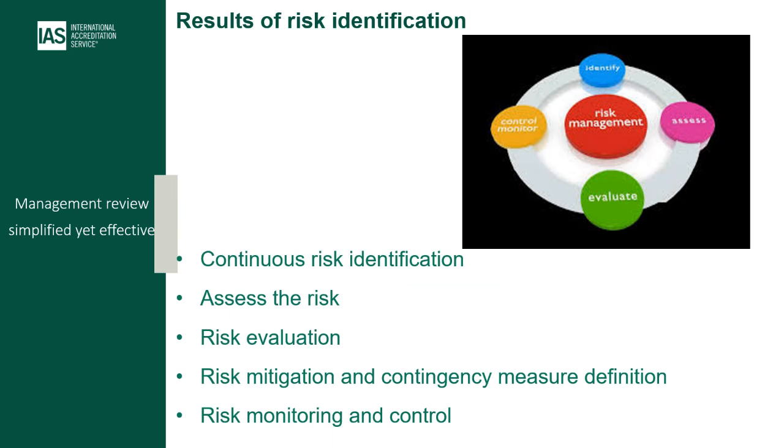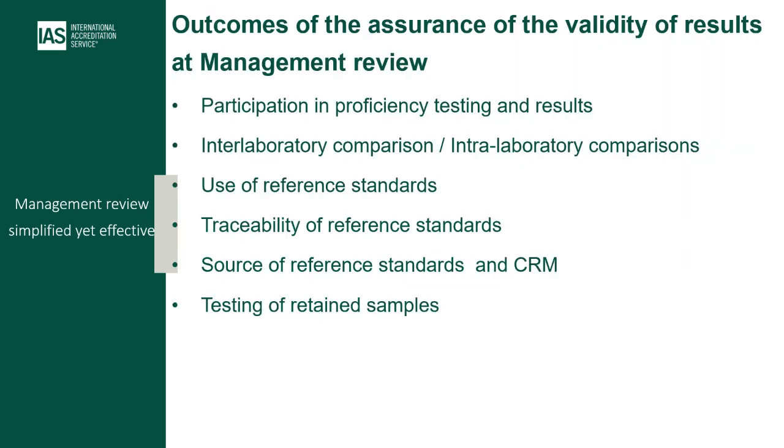Now, when it comes in, do you make sure that the biological ones get tested as soon as possible, and the chemical ones can be stored away for a little bit later time? There is a risk to the lab. If you don't do that, then the results may not reflect the exact condition of the sample. So those are some of the risk monitoring and control you need to do. The next slide, please.